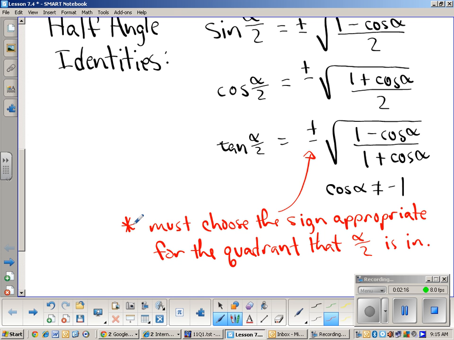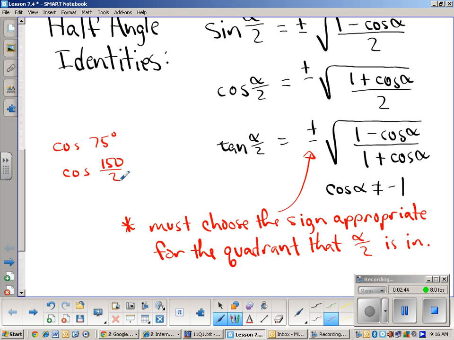So if I want the cosine of 75 degrees, then I'm going to use cosine of 150 over 2, because 150 over 2 is 75, right?